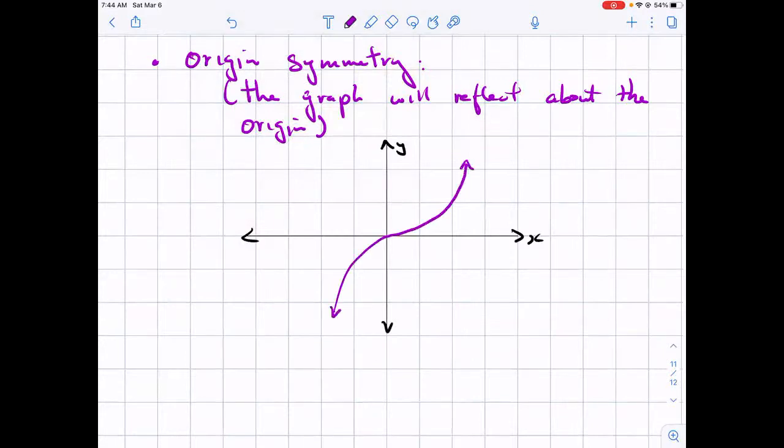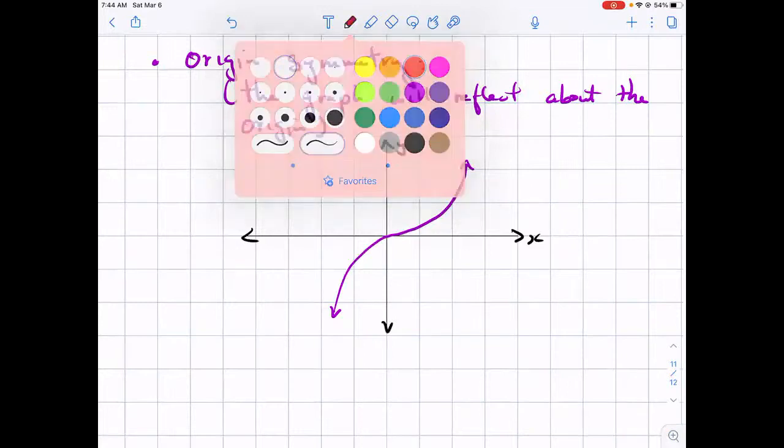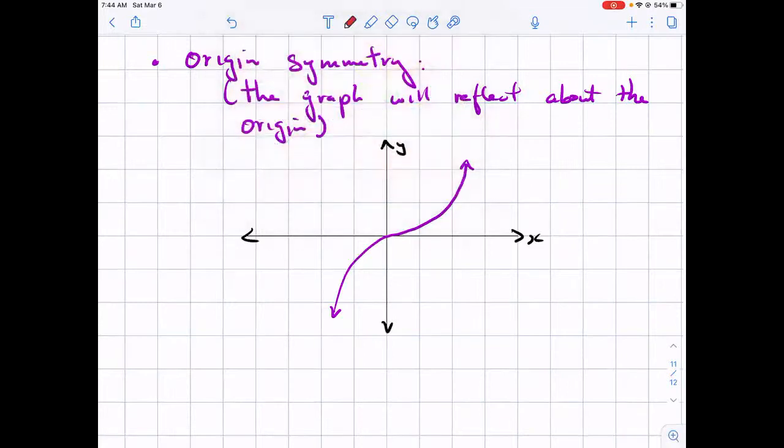And you will notice that if I have this point over there, and let's draw a better graph.